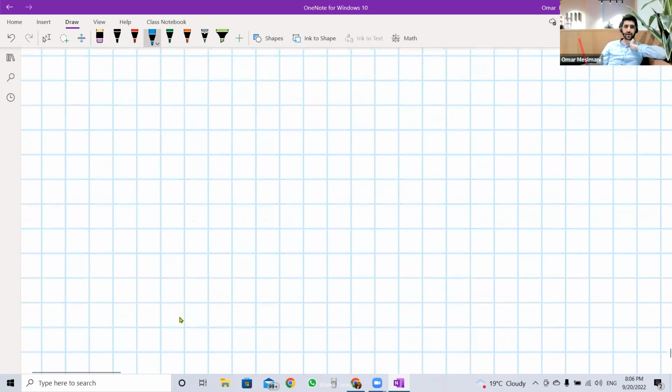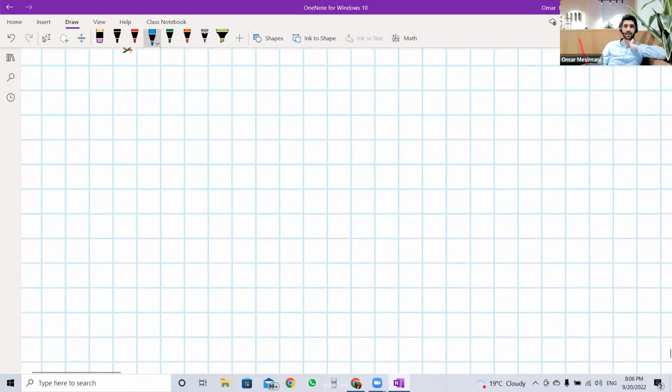Now let's start by talking about long division. Did you hear about long division before? So the long division concept is basically this. Let's say I will divide 9 over 4.